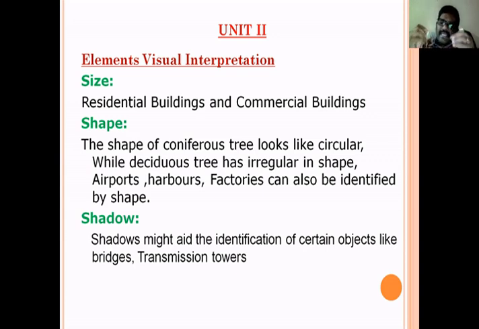Likewise here, with visual image interpretation, how can you understand before interpretation itself? By seeing the visual, you can give the information of what it is.